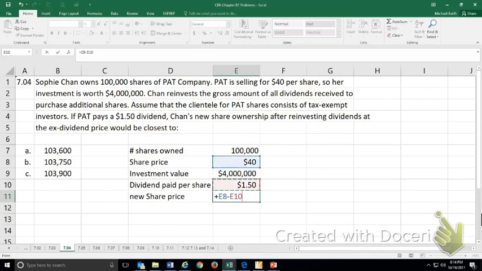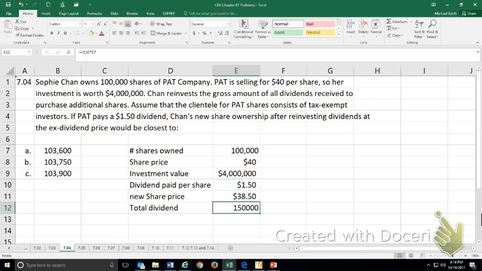It won't be $40, because once it trades, you strip out $1.50 per share, and the value of the shares drops to $38.50. Her total dividend, she gets $1.50 per share times 100,000 shares. So that means her dividend check would be for $150,000.